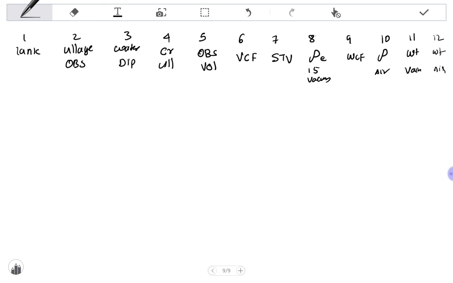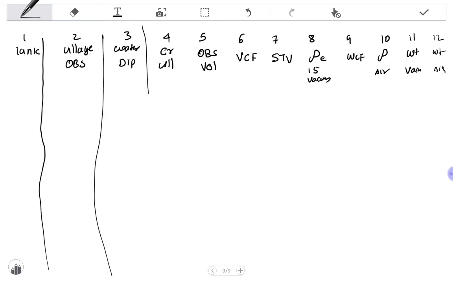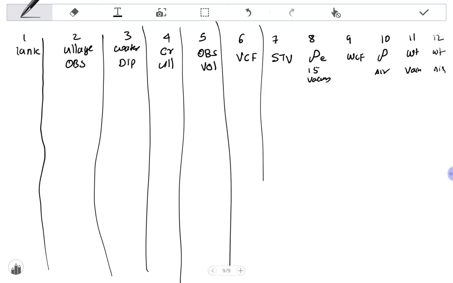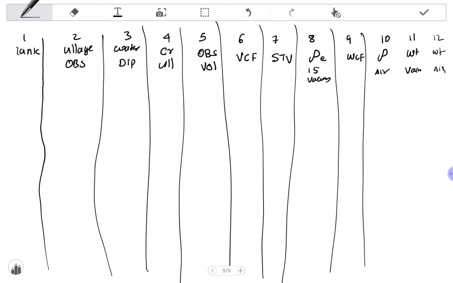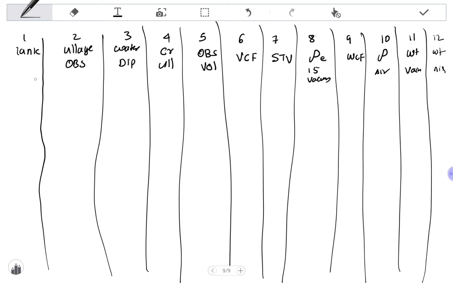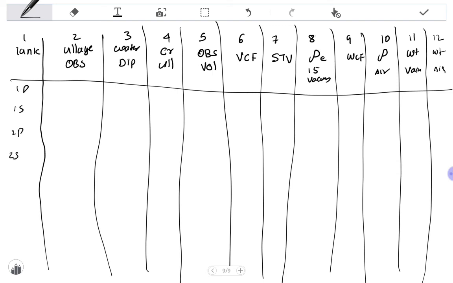Okay, so it will form like in an Excel sheet, with columns and cells. Now this is tank number 1 port, 1 starboard, 2 port, 2 starboard.